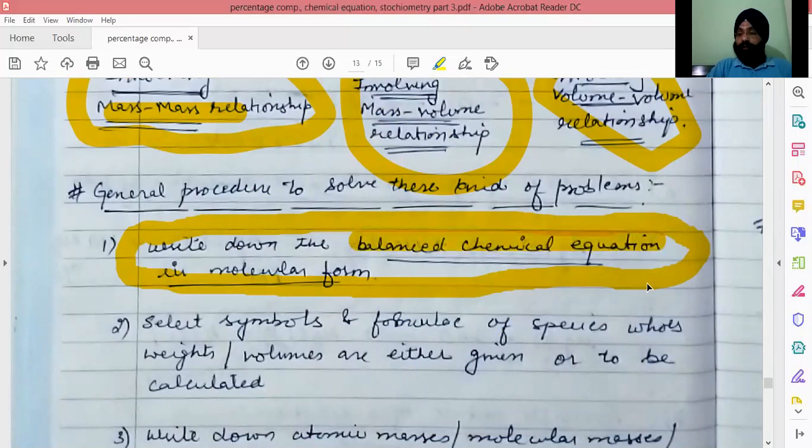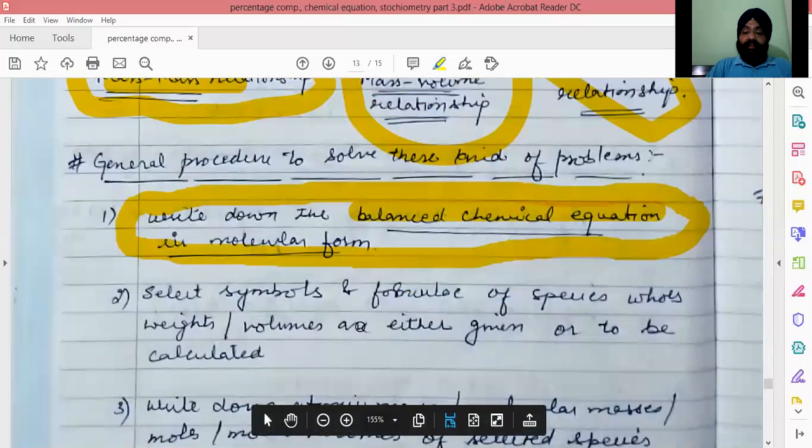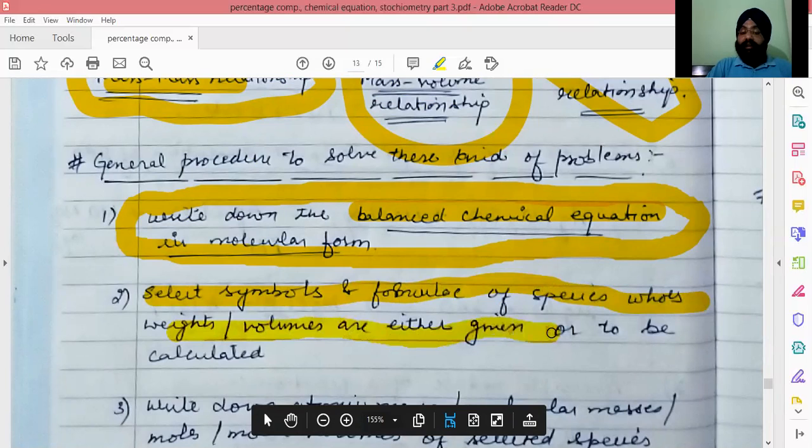The first step to solve stoichiometry problems is to write balanced chemical equation for the given change in the question. The second is to select formula of the species whose weight or volume is either given or to be calculated.